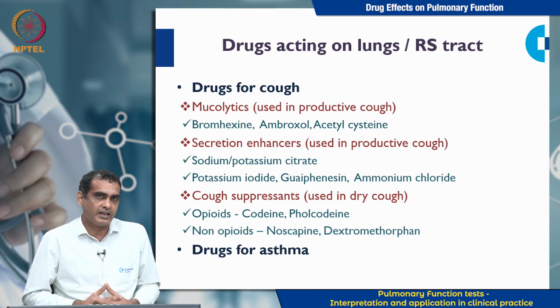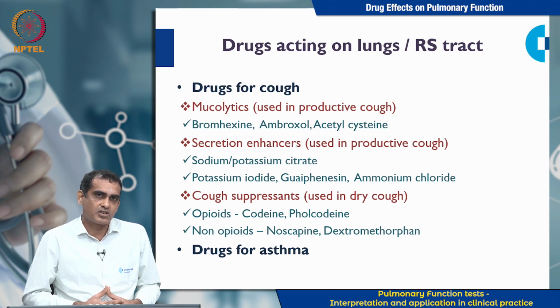The sputum in the respiratory tract is so thick that we find it difficult to expectorate and spit. When we use mucolytics, these drugs liquefy the thick sputum, and thereby we can easily expectorate it, as it has now become a little liquid or thin. The drugs are bromhexine, ambroxol and acetylcysteine.